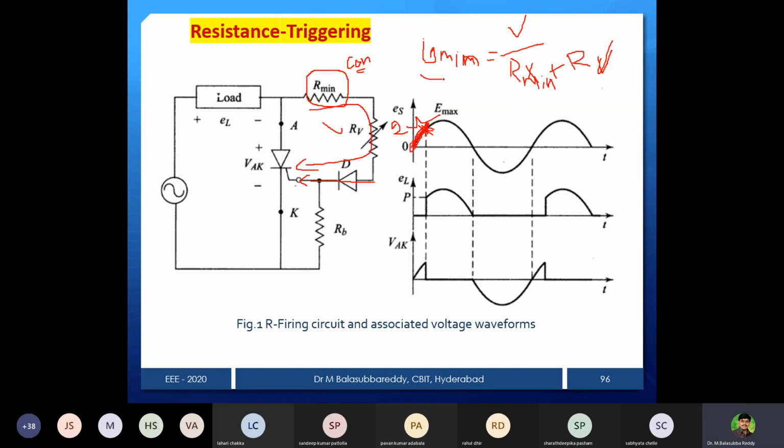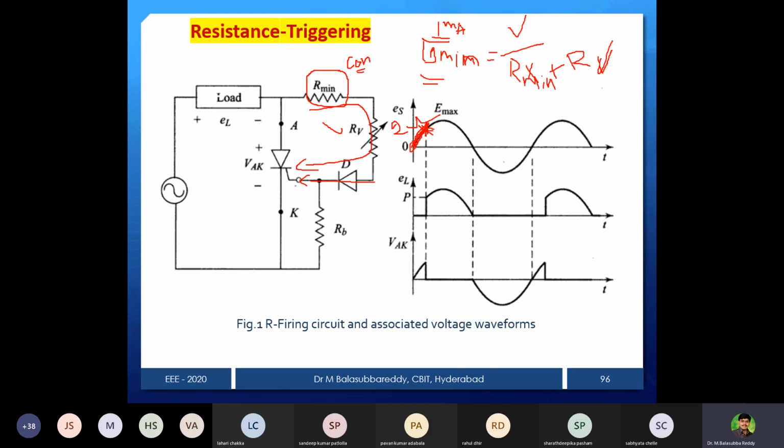IG minimum is also known to you, because the SCR rating is known to you. Let it be that I require 1 milliampere of current. Then you can easily notice at what value of voltage I can get 1 milliampere of current. Voltage is unknown here, so we can calculate it.